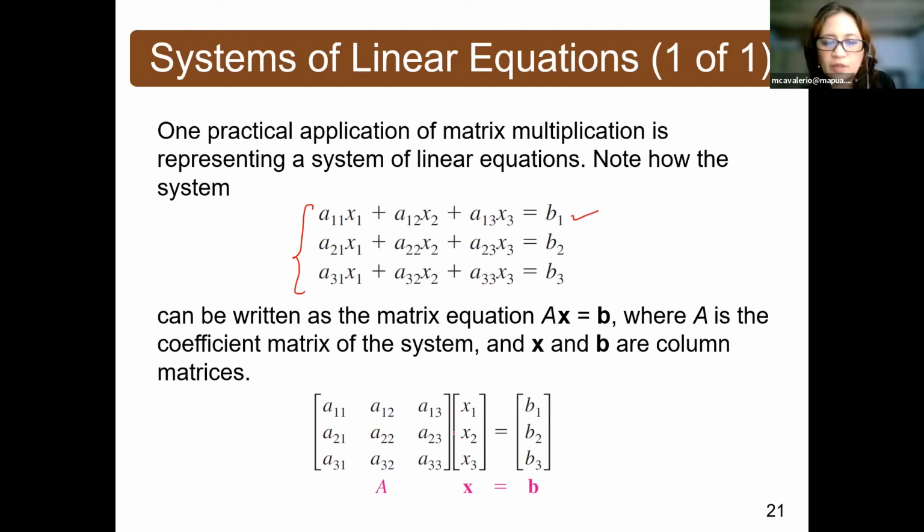And similarly with row 2 of this coefficient matrix multiplied to the column vector, we have A21 x1, A22 x2, and A23 x3. When we add them together, it is equivalent to B2, which is your equation 2, as well as the last row multiplied to the column vector equals B3, the third equation.